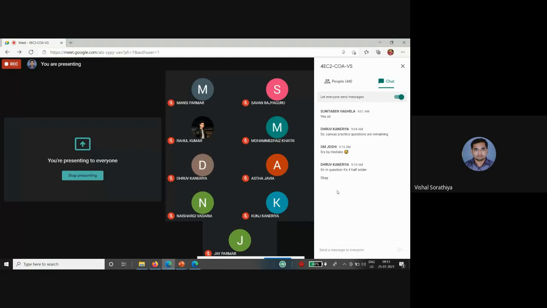Yes, Mahek, the 4-bit binary multiplier. Let's take 1000 and 1111. How can you do the multiplication of these two 4-bit numbers?